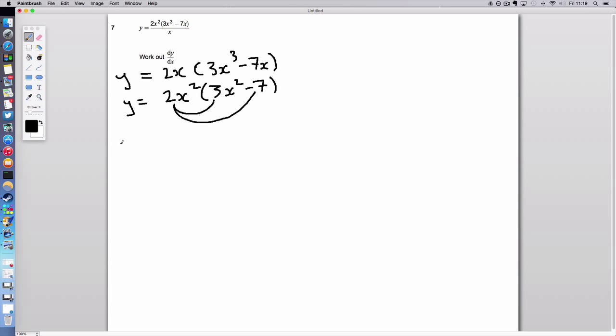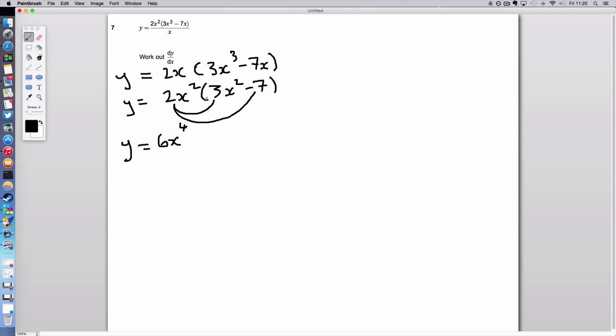Okay, so y is equal to 2x squared times 3x squared. When you're multiplying two terms like this, you multiply the coefficients, so 2 times 3, which makes 6, and then of course you still have the x, but when you multiply two x squared terms, the powers, the indices, add together. So this would be 6x to the 4, like so.